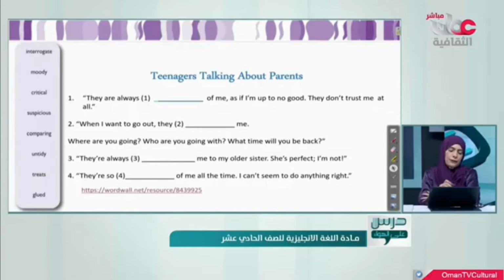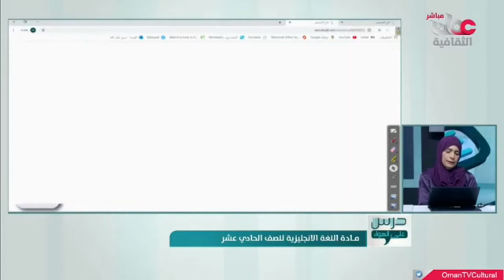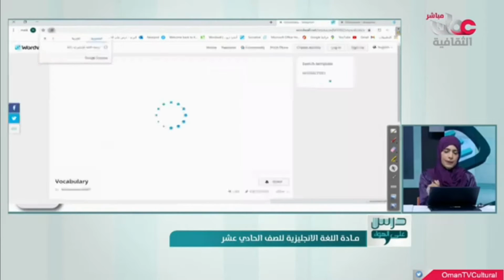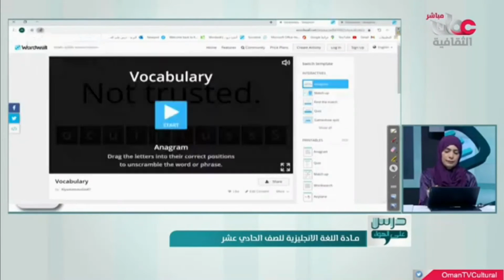We're supposed to fill in the gaps we have here from 1 to 8, and we have to choose the answers from the vocabulary on the left side. But before we do the activity, we'll try to go through the meanings by using the word wall task. Let's check the meanings of the words together.